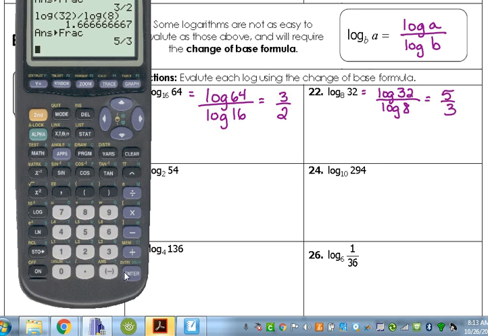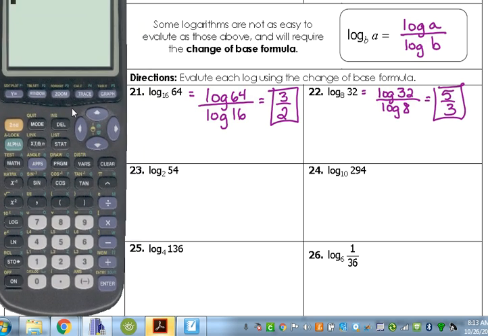So that says 8 raised to the 5/3 is 32. Easy stuff. You just have to remember how to put it in your calculator.